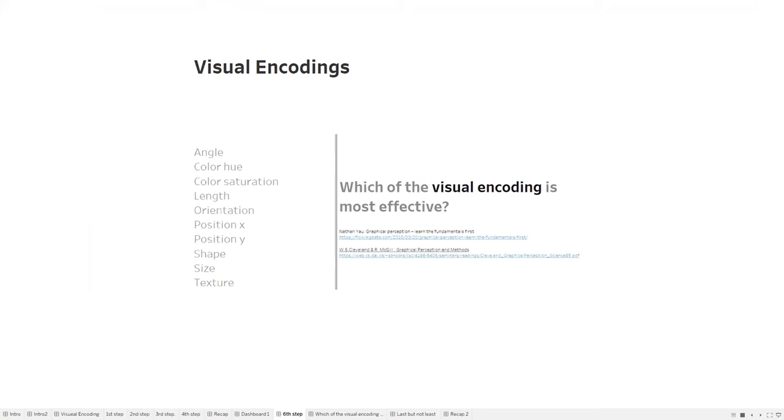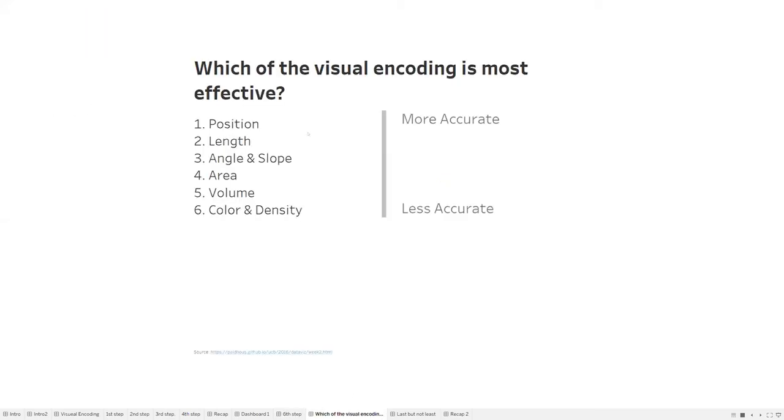He summarized a research paper of Cleveland and McGill, and the link to this research paper is here. Cleveland and McGill studied what people are able to decode most accurately and ranked them into the following list.